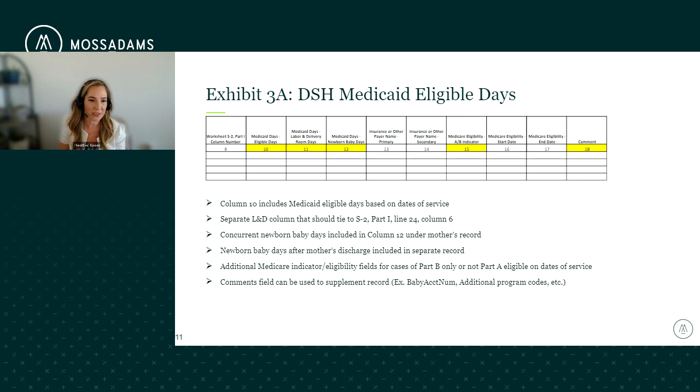So 4 and 1 is a total of 5. I'm counting 5 days, between columns 10 and 11, to sum the total Medicaid days I'll be claiming for that mother. And then if that mother were to have a baby, as she was eligible, I could also claim the baby, for however many days that baby's stay was. Let's say they had a 5-day stay, I would report 5 days in column 12.